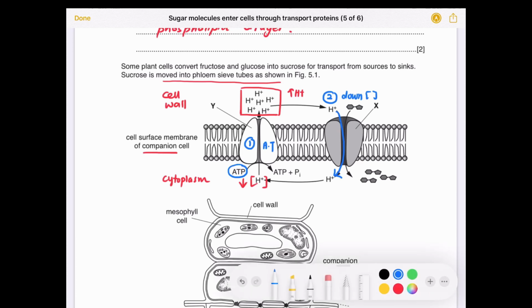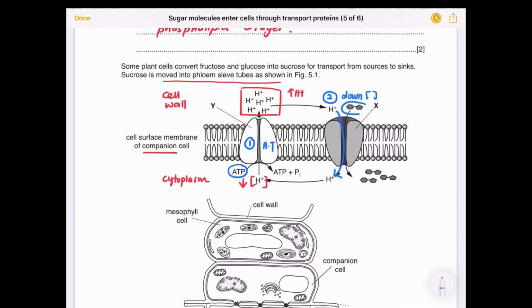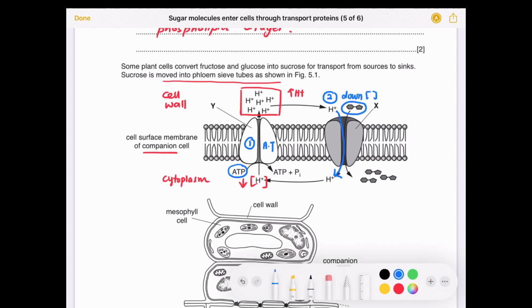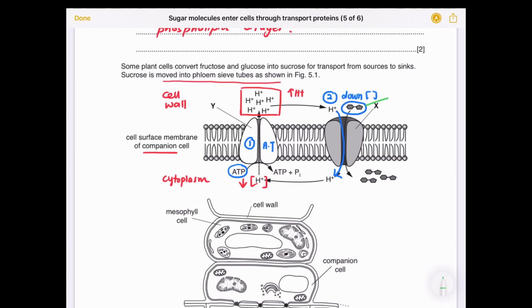And who gets transported? This is a clue that it's sucrose. How can I tell? Because it shows there's 2 sugar units joined together. So it's a disaccharide. So this sucrose will be co-transported against the concentration gradient.